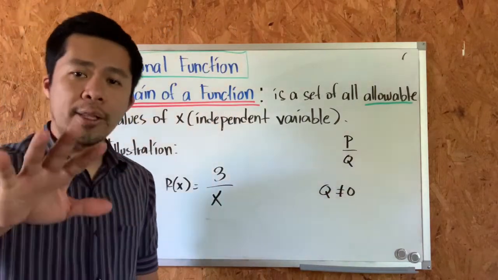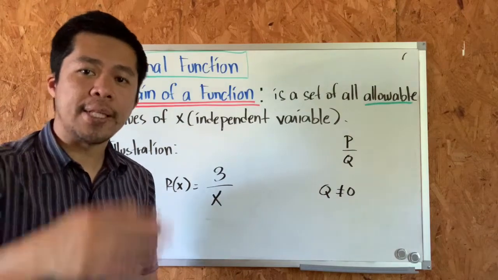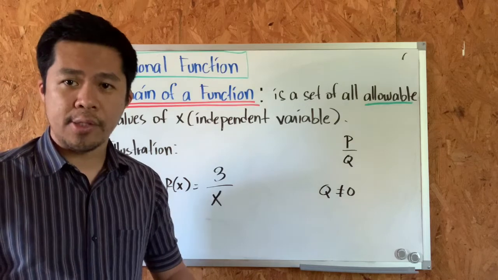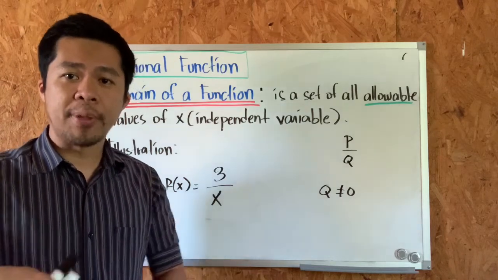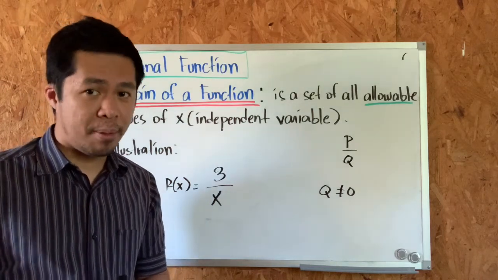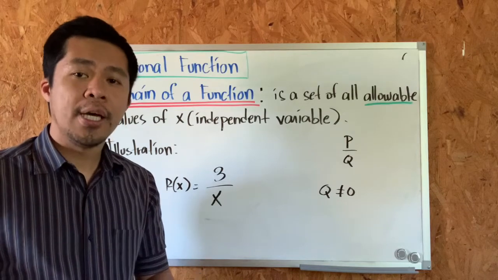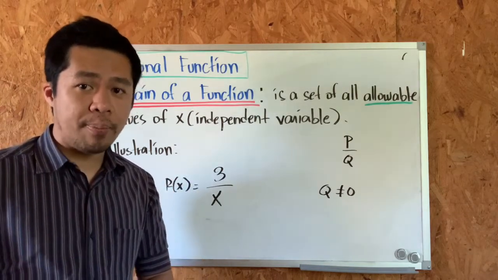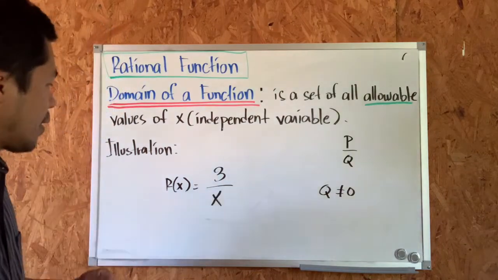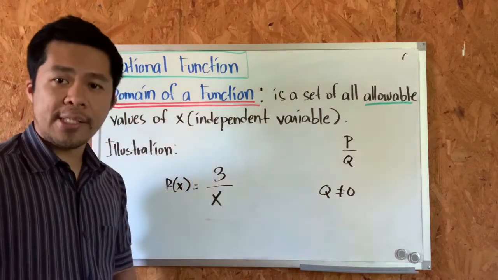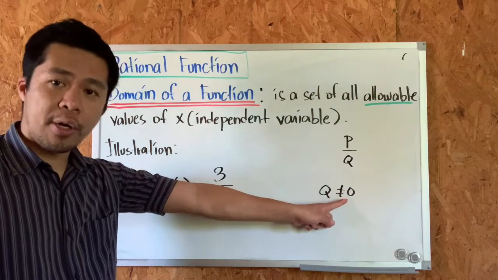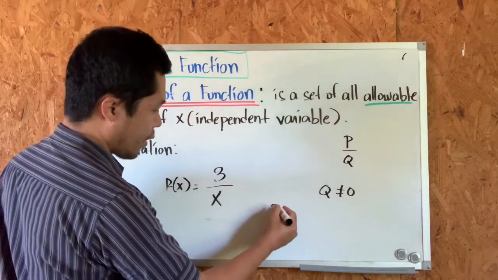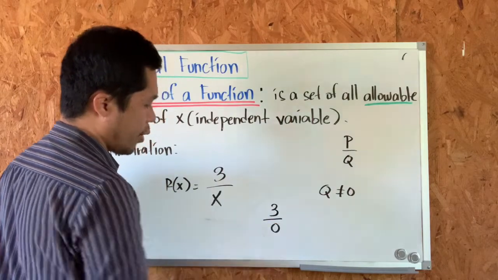Now take note that in a rational function, in the denominator, there is a variable. And we all know what a variable is. A variable can be replaced by any number. But in a rational function, there are certain numbers that cannot replace x. Like in this case, if I replace x by 0, this will be equal to 3 over 0.